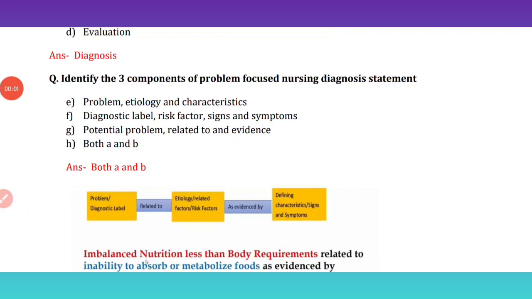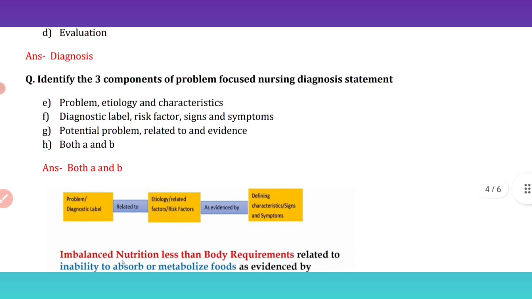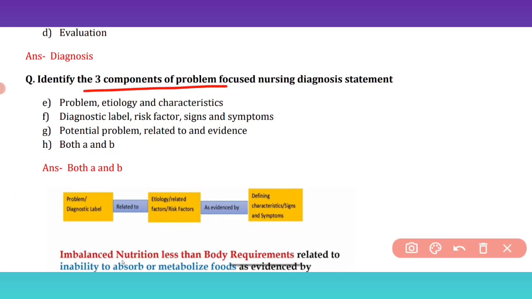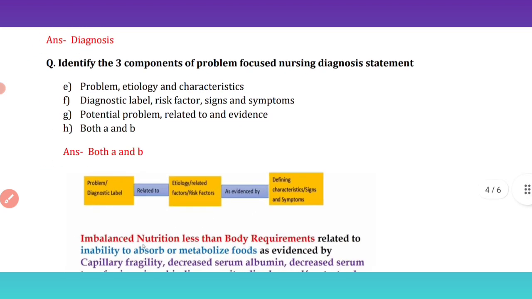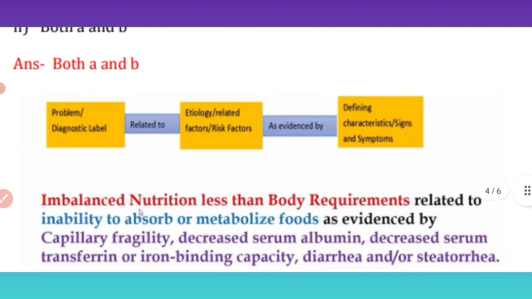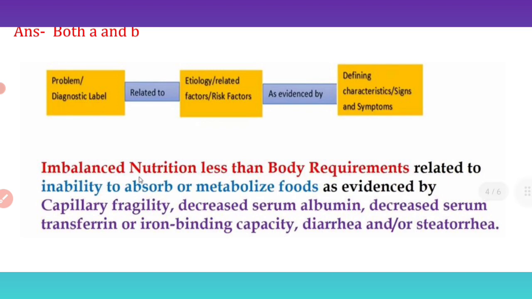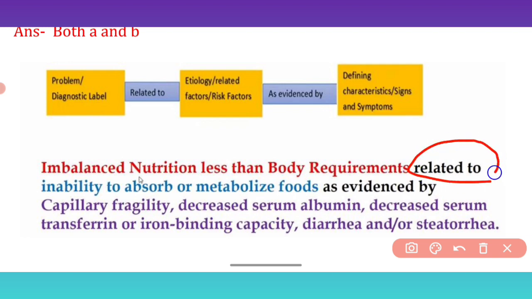If you take any kind of nursing diagnosis, you would have found a three-component problem-focused nursing diagnosis. So what are the three components? First you should have that knowledge. Here I have given an example: imbalanced nutrition less than body requirement related to, here the keyword is related to.